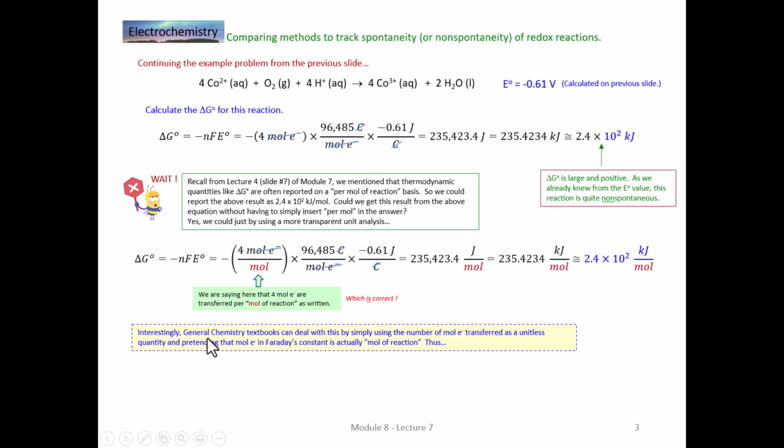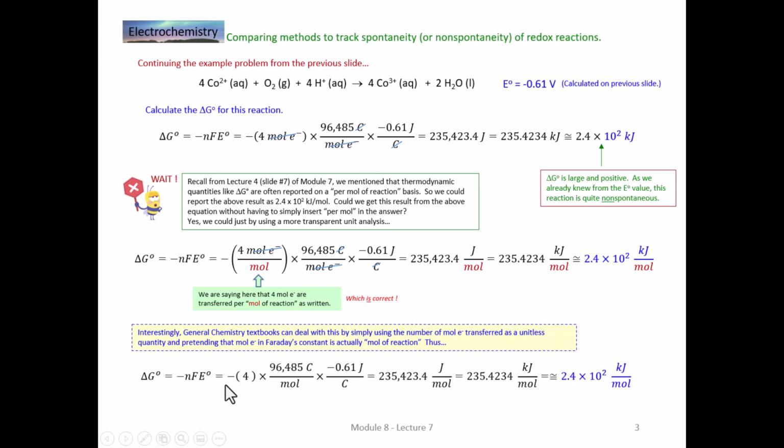Now, interestingly, I have found that some general chemistry textbooks deal with this by simply using the number of moles of electrons transferred as a unitless quantity and simply pretending that the moles of electrons in Faraday's constant is actually moles of reaction.